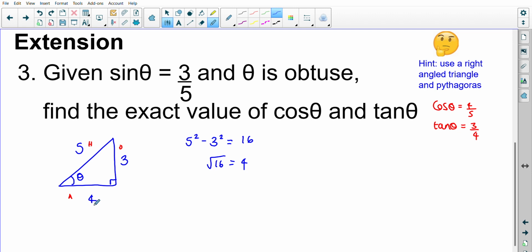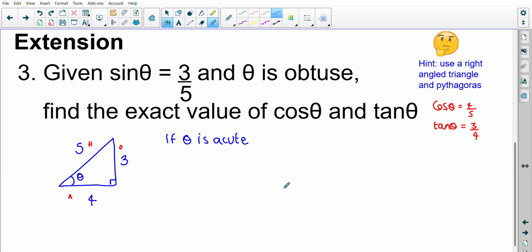You may also recognise that that's a Pythagorean triple, a well-known right angle triangle with sides 3, 4 and 5. So that's the first thing. I'm just forming my right angle triangle, and basically I'm assuming that theta is acute.